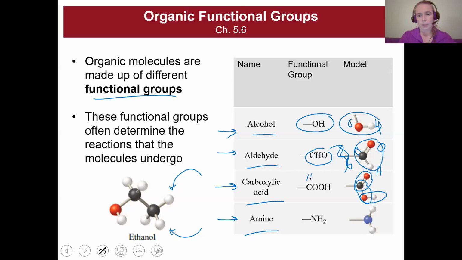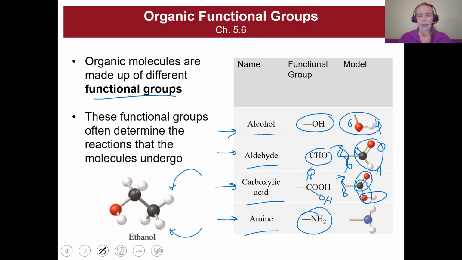So there's basically one of the O's here, one of the O's there, and then the H tags on to the end oxygen. So this is called a carboxylic acid functional group, and there's a bunch of other stuff over here, but at the end of our molecule, we have this carbon with 2 oxygens and a hydrogen on the end. And finally, the other one that they wanted to tell you about is the amine functional group.